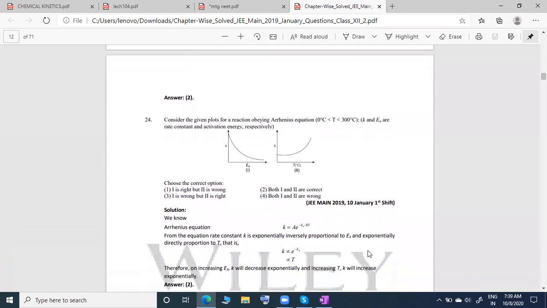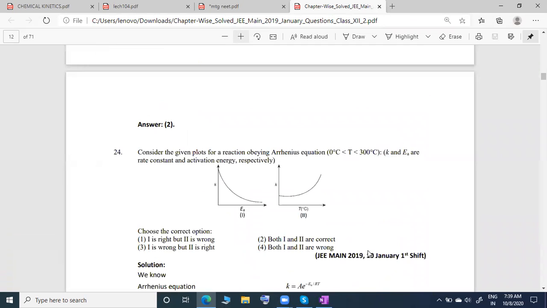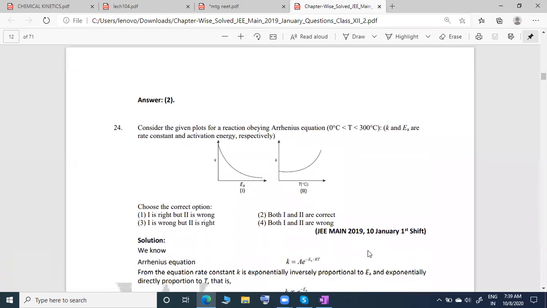Yes, you can see the 24th question. Consider the given plots for a reaction obeying the Arrhenius equation, with the temperature range K and EA for rate constant and activation energy.